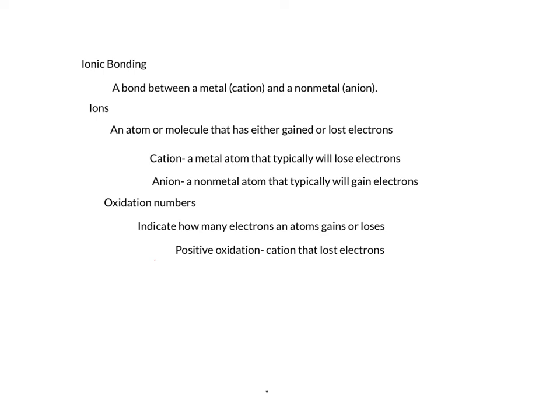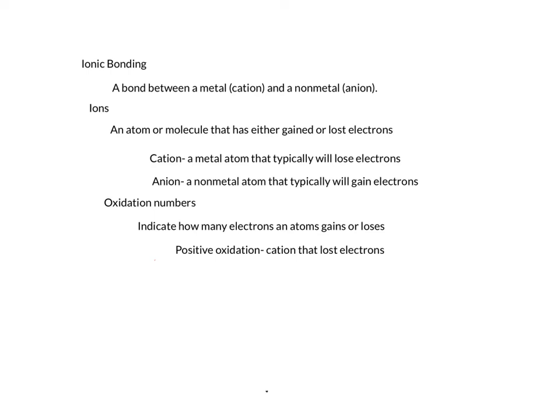The actual number will tell us how many were lost. So if the oxidation is a +1, that tells us that atom lost 1 electron. If the oxidation is a +2, then that atom lost 2 electrons, and so on. If it's a +3, then it lost 3 electrons.